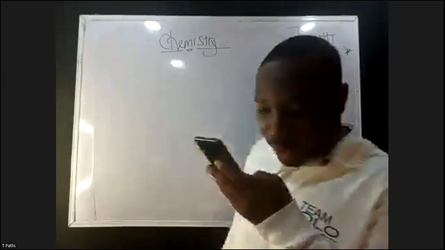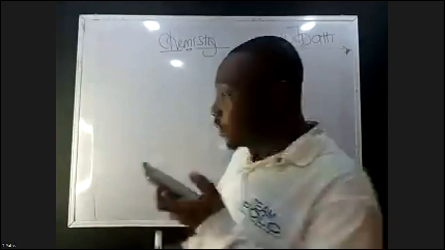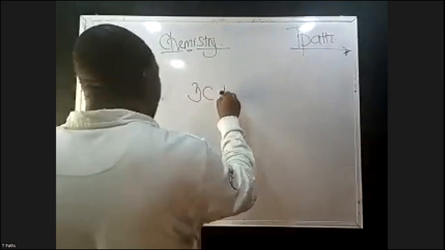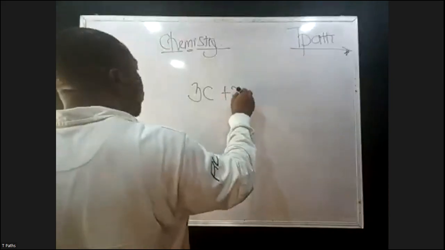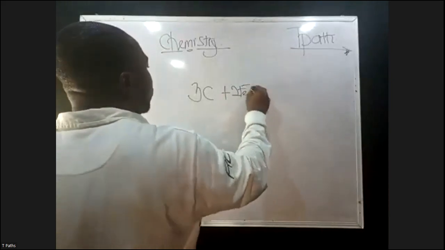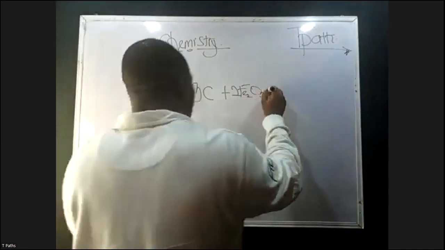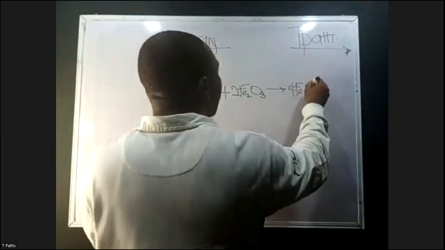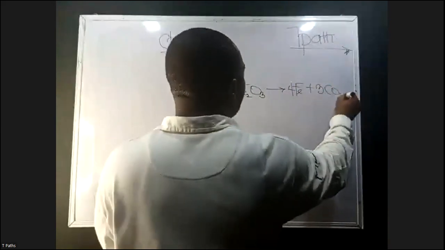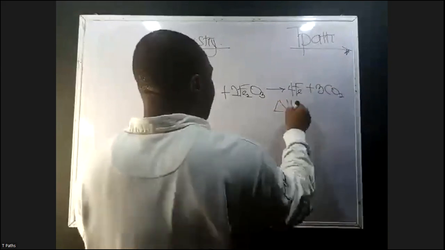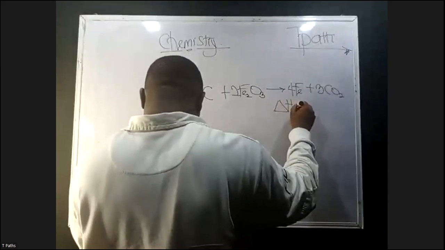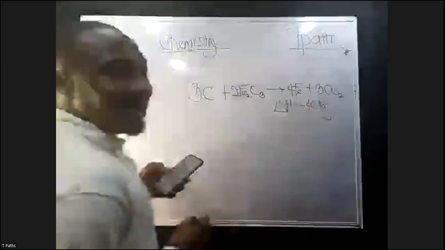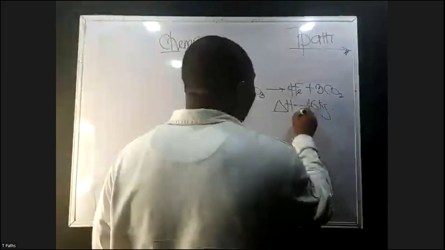Question 3: the reaction 3C plus 2Fe2O3 gives 4Fe plus 3CO2, delta H is equal to minus 46 kilojoules. Now you can see clearly here that the enthalpy is negative.